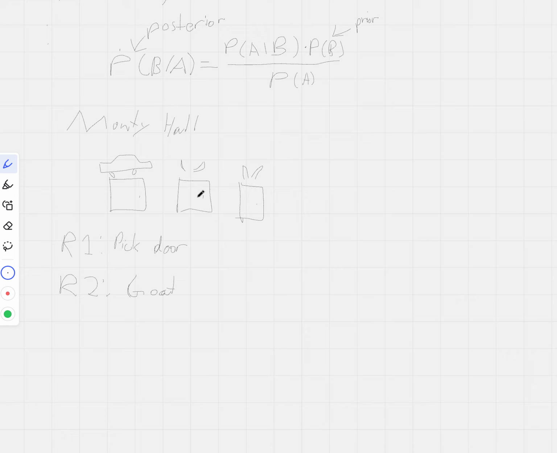If you chose door 2, then door 3 would have to be opened. The door that you chose will not be opened. So let's write: goat revealed behind door not chosen.